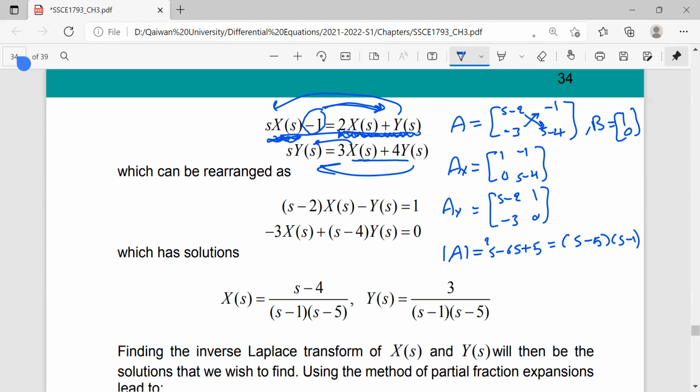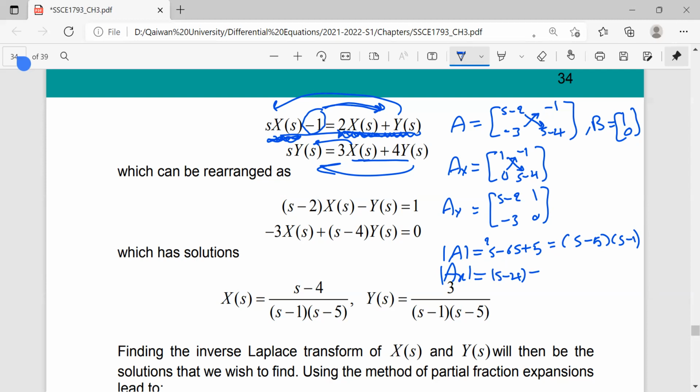Now we should find the determinant of Ax and the determinant of Ay. The determinant of Ax is multiplying these two minus multiplying these two. Multiplying in this direction, it is 1 times s minus 4, s minus 4.